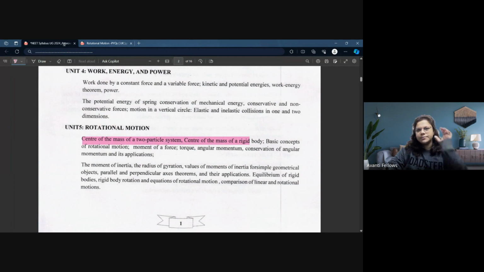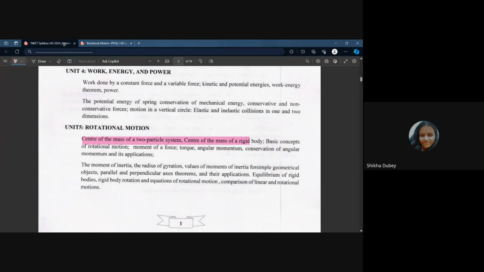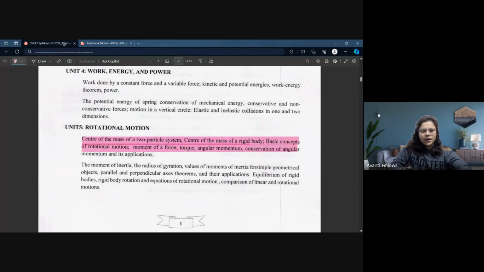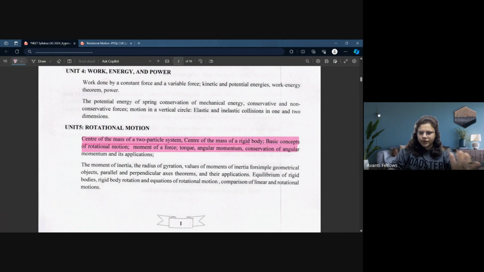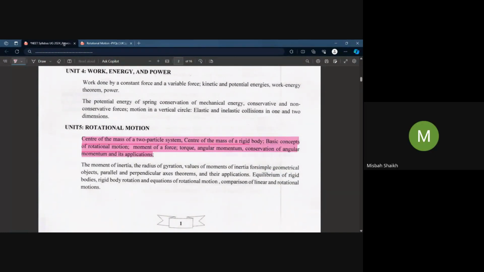Have we done that? Yes, ma'am. Cool. So moment of force, torque, angular momentum, we have done all of that. Yes, ma'am. Okay. Conservation of angular momentum and its application. I guess the last lecture was the PYQ session, which is based on angular momentum only, right? Yes, ma'am.